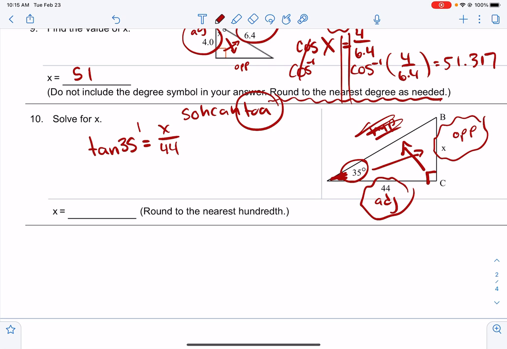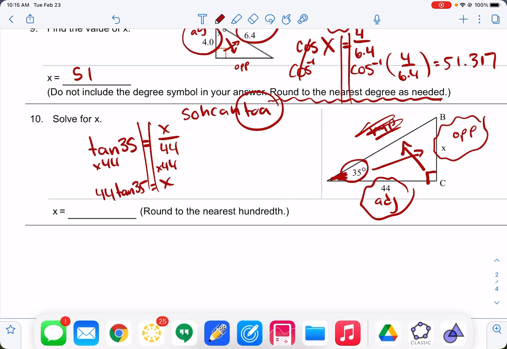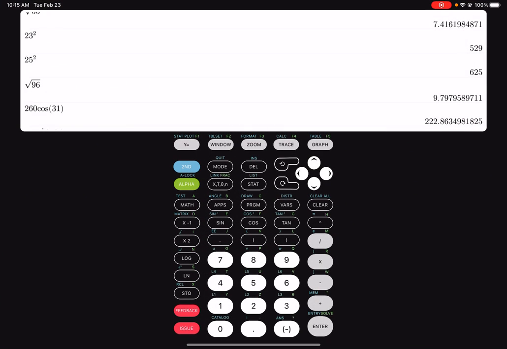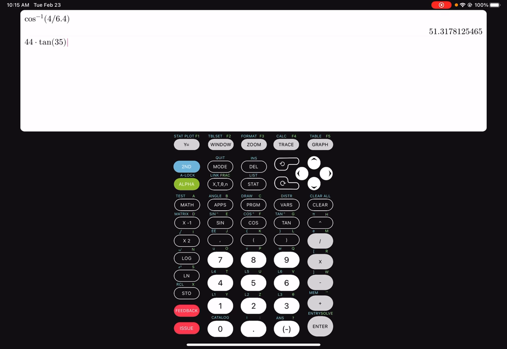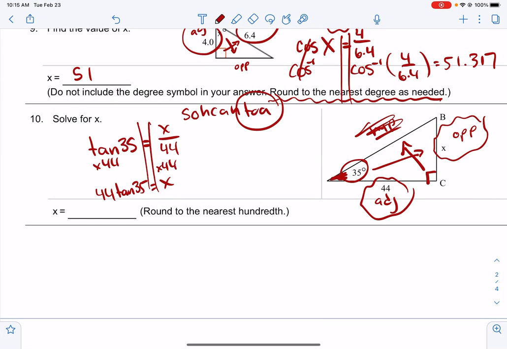So to get x by itself, I just railroad track. The opposite of dividing by 44, I need to times both sides by 44. And I'm going to be really careful that I put that 44 in front of the tangent, not after the tangent, when I plug it in my calculator. So 44 times the tangent of 35, enter, gives me 30.809.